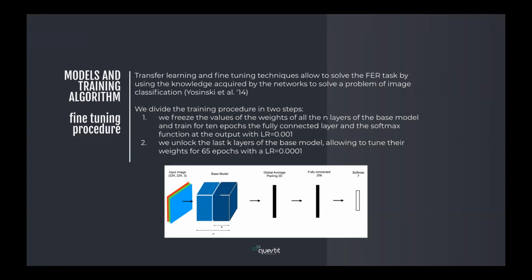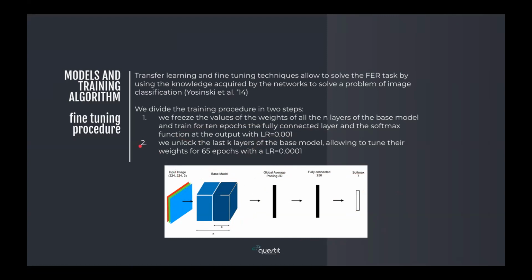And we divided the training procedure into steps. In the first step, we freeze the value of the weights of all the n layers of the base model and train for 10 epochs the fully connected layer and the softmax function, so the top layer, with a learning rate of 10 to minus 3. So in the first step, all the base model is frozen.